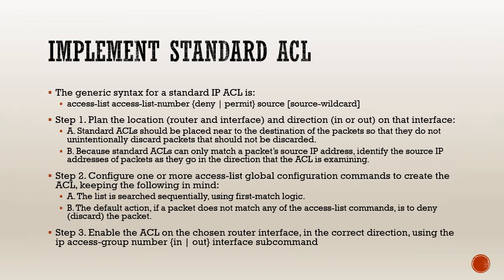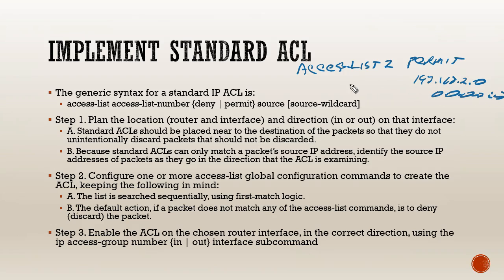To implement it, the generic syntax is access-list, then the access list number, deny or permit, and then the source IP address, and then the wildcard mask. So what we would type is access-list 1 permit 168.2.0.0 0.0.0.255.